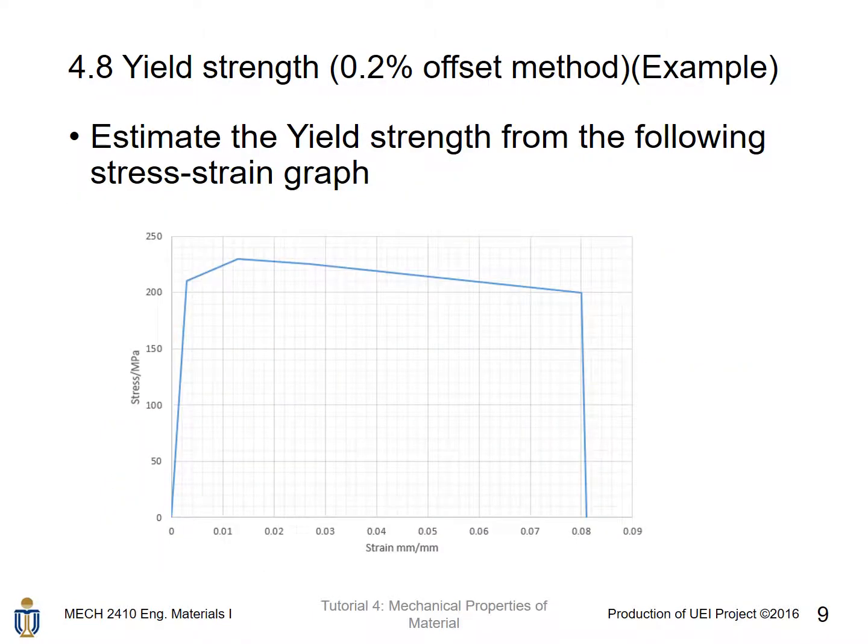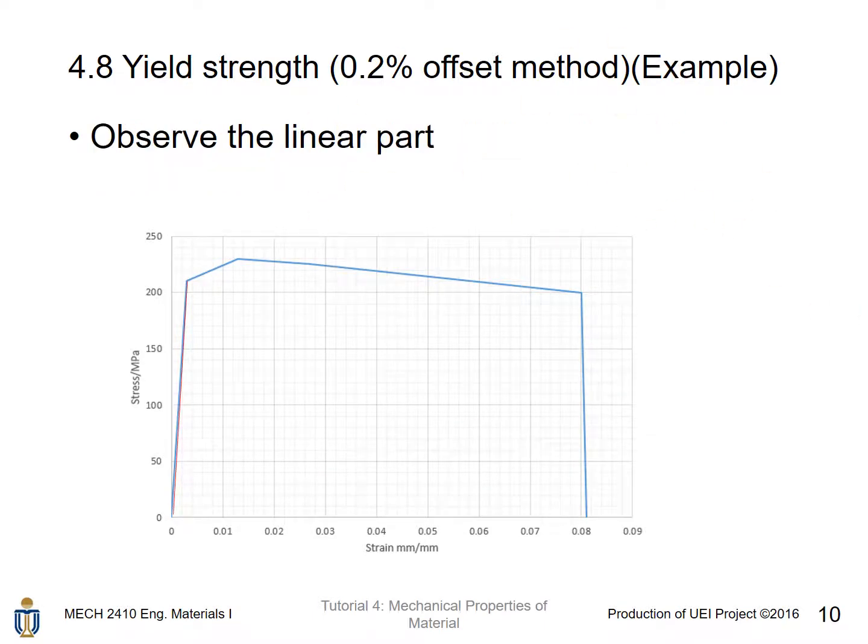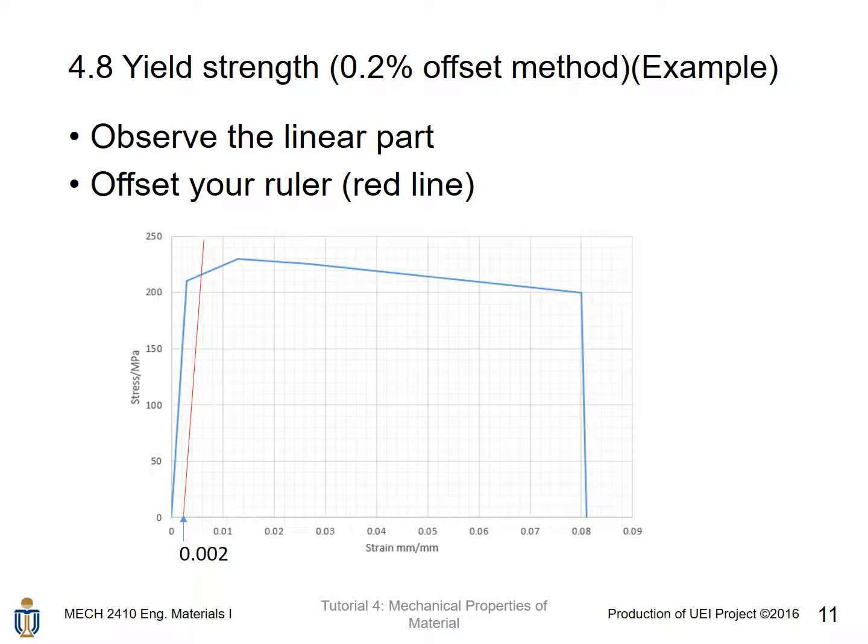Take the yield strength from the following stress strain graph. It is an example. The linear part is marked by the red line shown here. Then we offset the ruler. Here it is 0.002, which is equal to 0.2%.